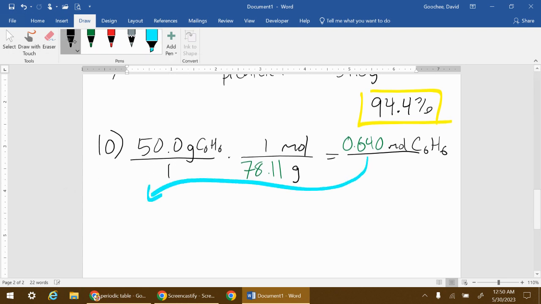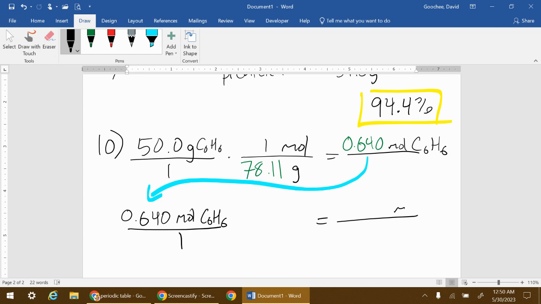Let's plug it into the next step. 0.640 moles of benzene. And we want to figure out how many moles of chlorine. So we have to get out of benzene, C6H6, into chlorine.